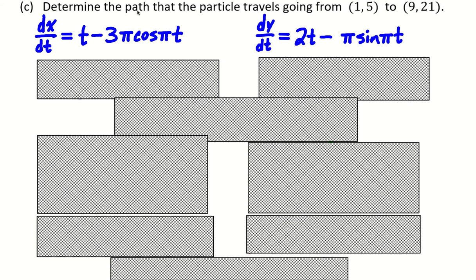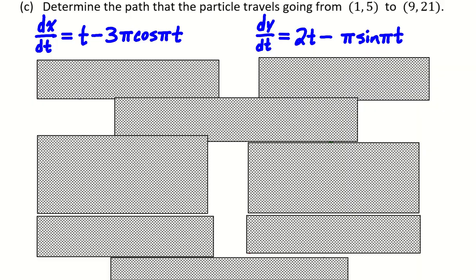Graph it using technology, using your parametric mode, and then describe it or sketch the graph from your calculator. But guess what, people? In order to graph it, don't we need the position vector? Don't we need the position functions?